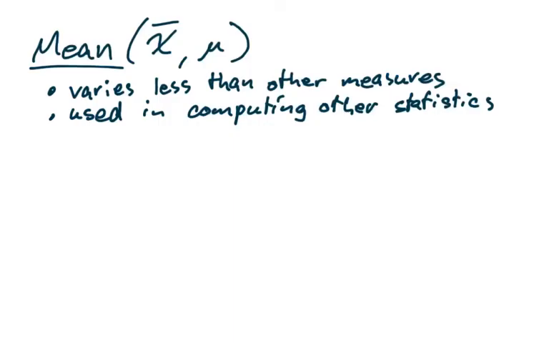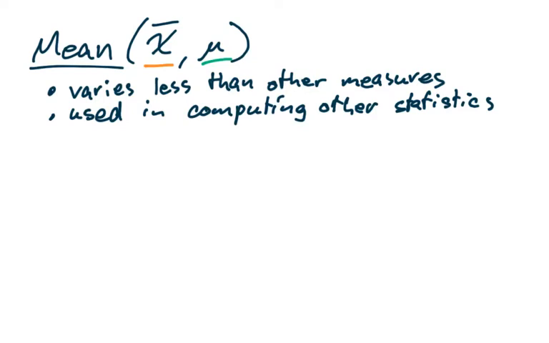Just a quick overview. The mean, remember we have two different symbols for this, whether it's the sample mean, x-bar, or the population mean, mu. Just a couple of properties about this.